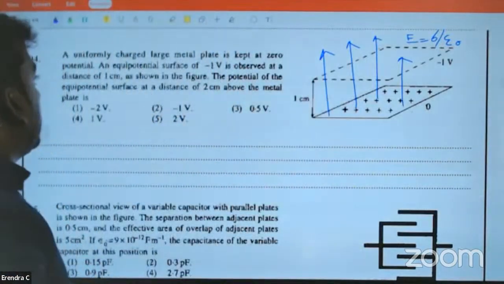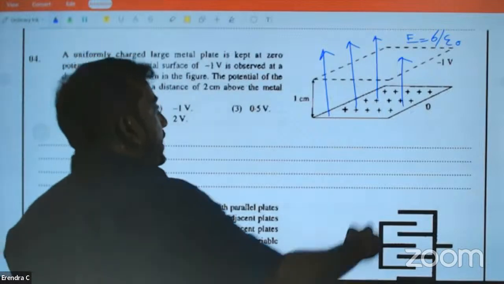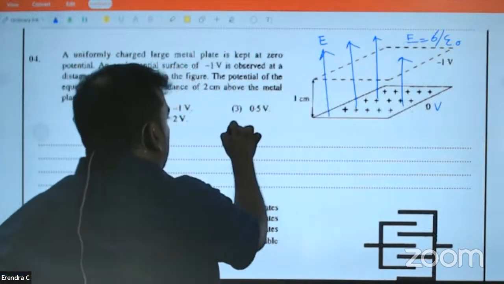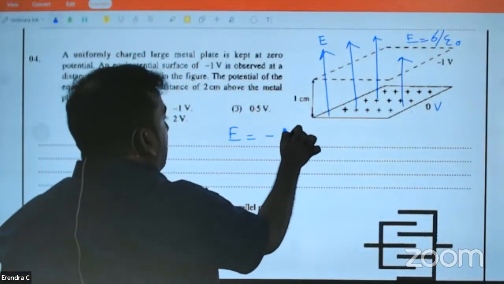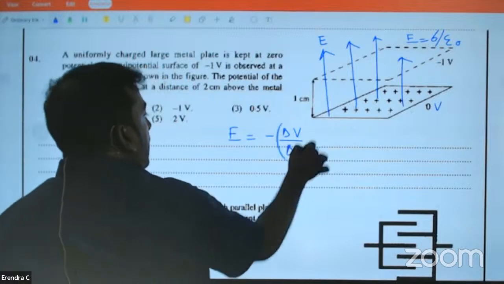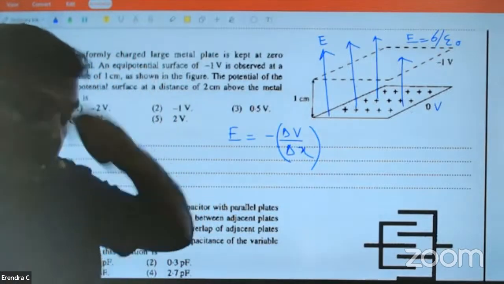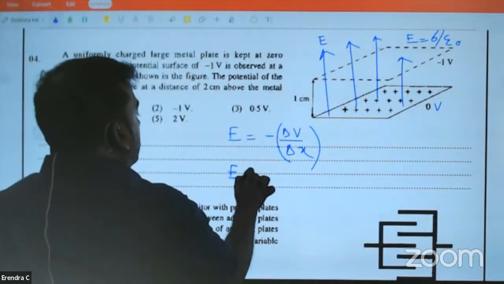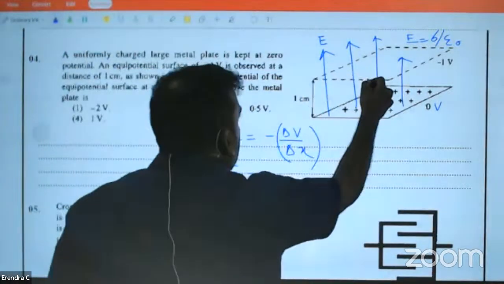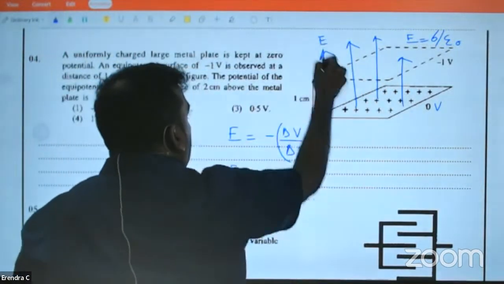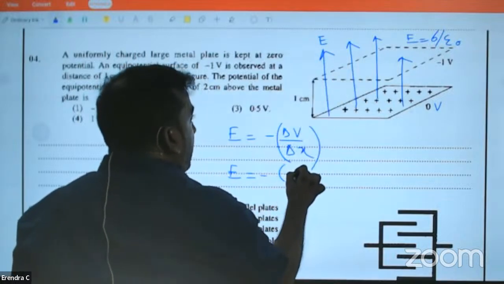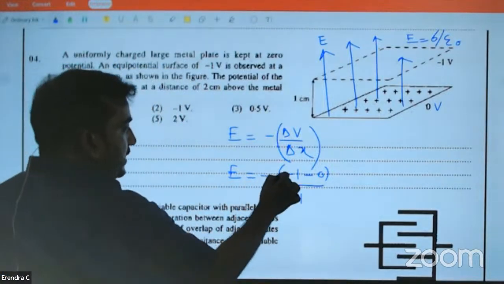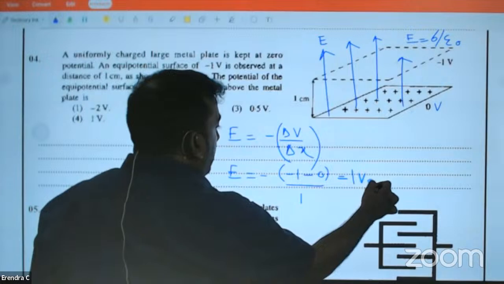They are telling you here potential is 0 volt, here -1. These are electric field lines. So you know electric field is the negative potential gradient. Now your electric field here, wherever you take, will be the same. What do you mean by negative potential gradient? Final minus initial. Field lines are going final minus initial. So -1 minus 0 divided by 1 centimeter. To simplify this, minus minus plus, 1 volt per centimeter.